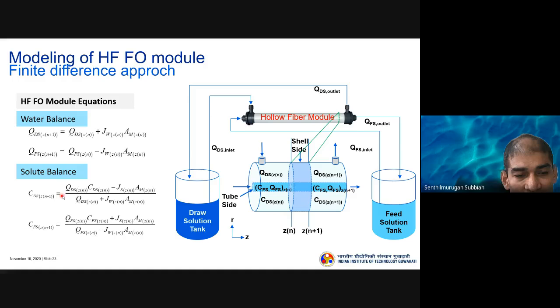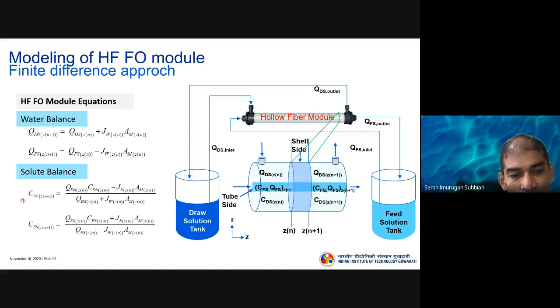We have the input. What is input here? The QDS multiplied with CDS, which is the concentration of the solute and flow rate. You will get the kg of solute passing into the element, and then the minus of whatever is going out, multiplied by this.